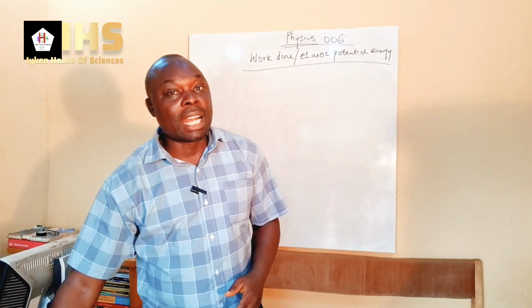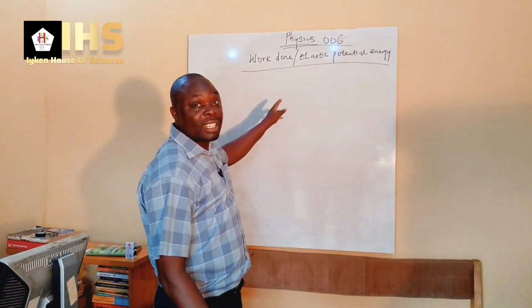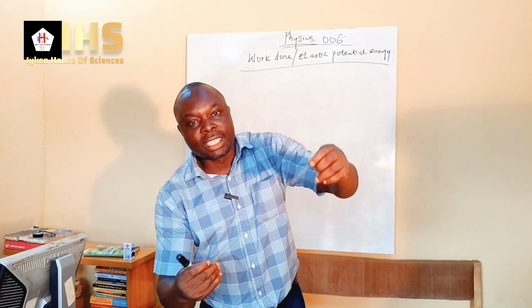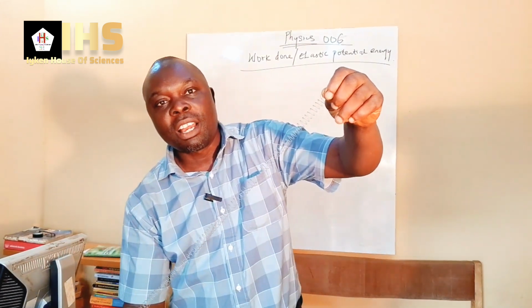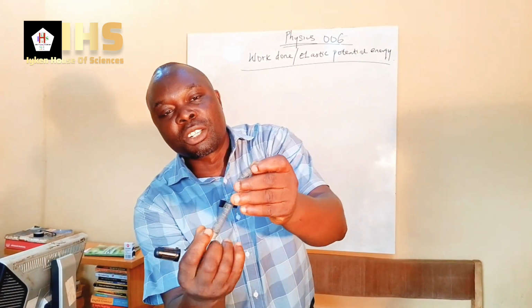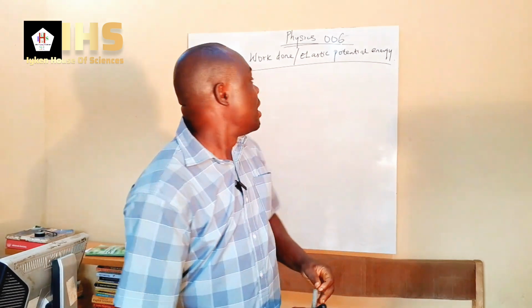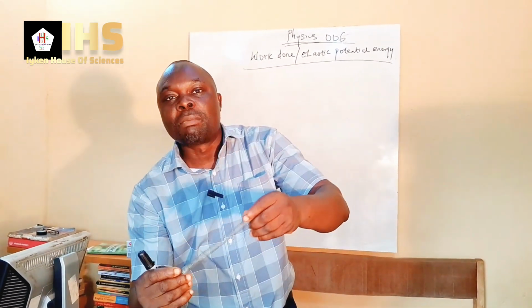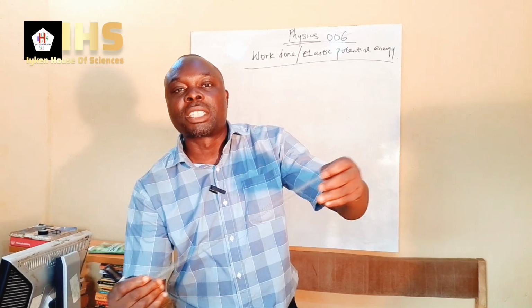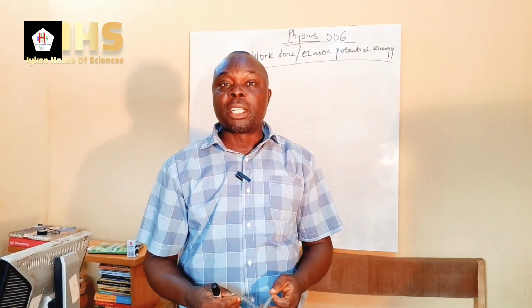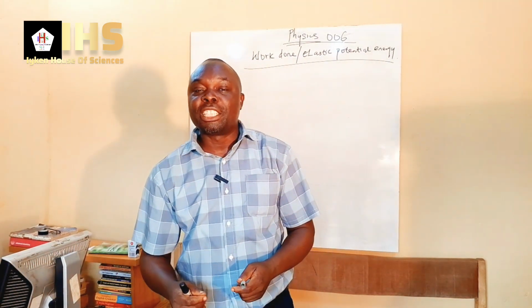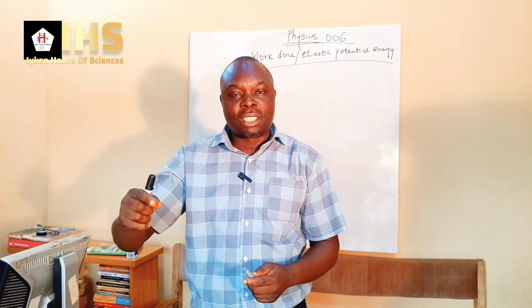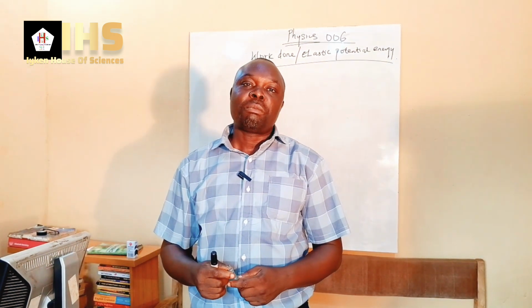Today we will look at the work done in stretching an elastic material or in compressing it, and also the elastic potential energy of this elastic material. Potential energy is the energy due to the state of that object or its position.